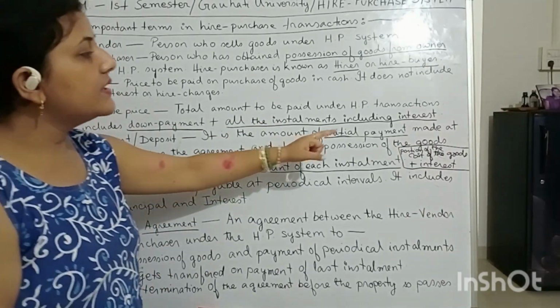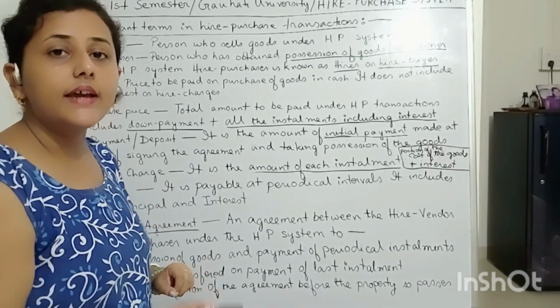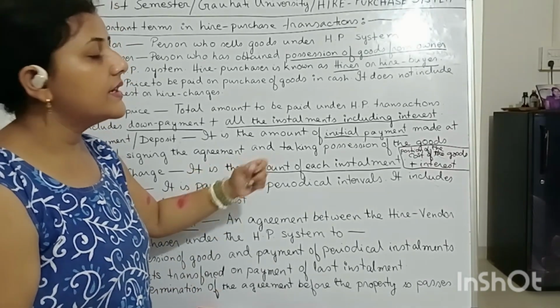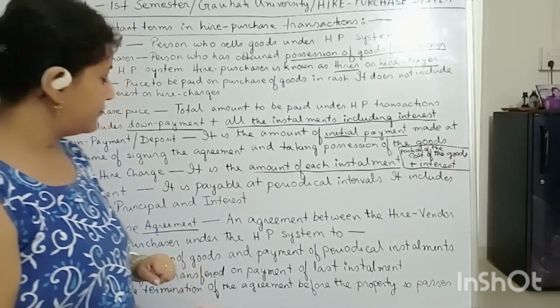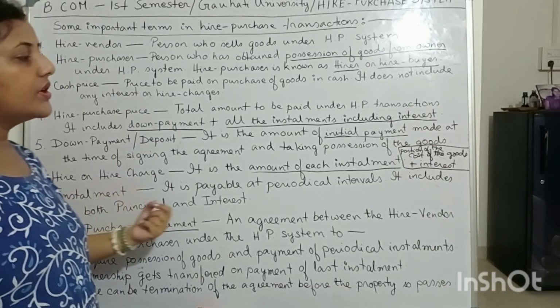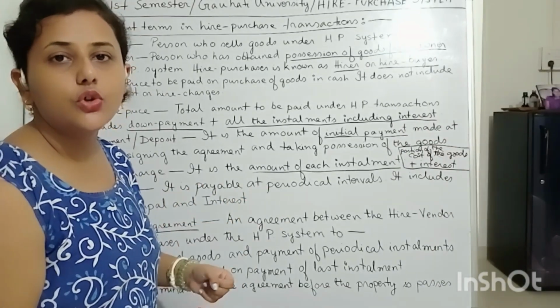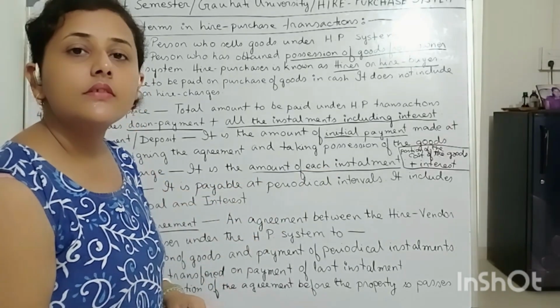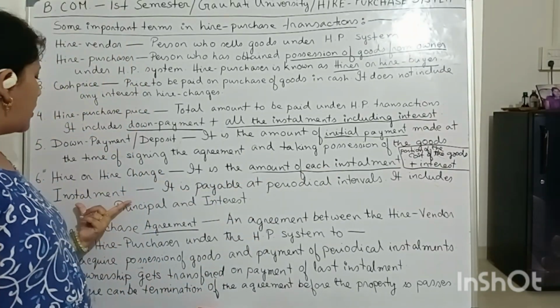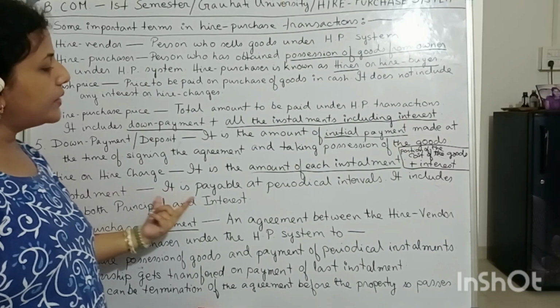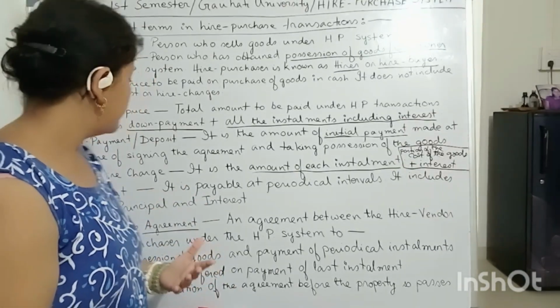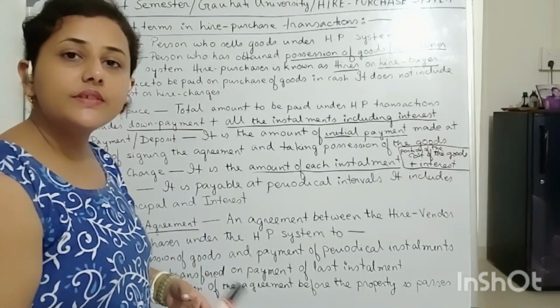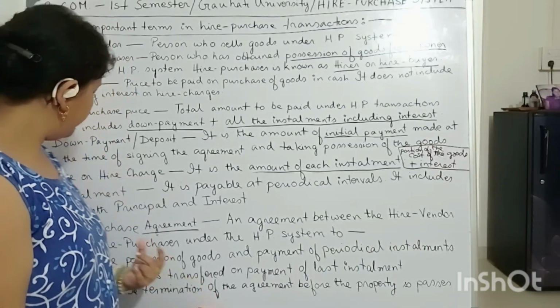Down payment is an initial payment made at the signing of the agreement and taking possession of the goods. Hire charge is the amount of each installment, a portion of the cost price of the goods plus interest. Then installment is payable at periodical intervals. It includes both principal and interest.